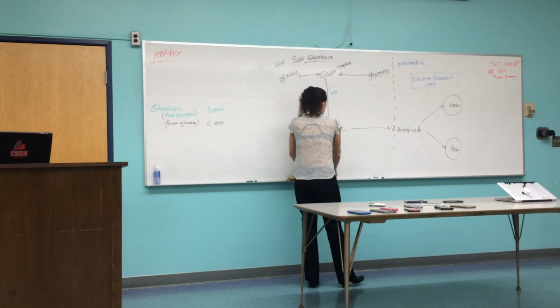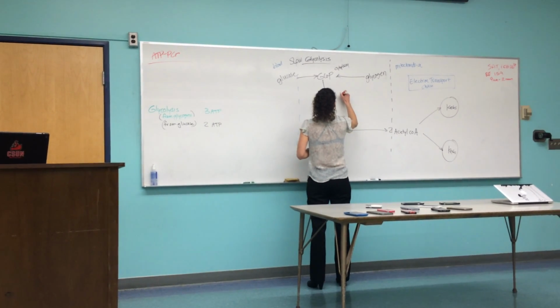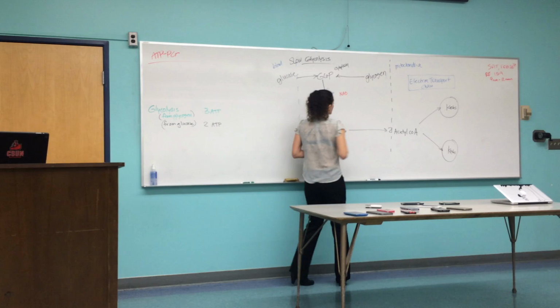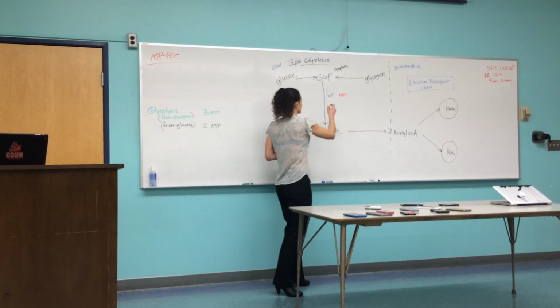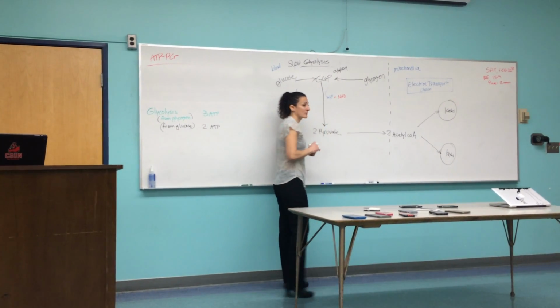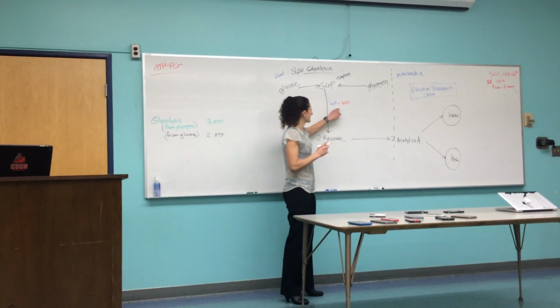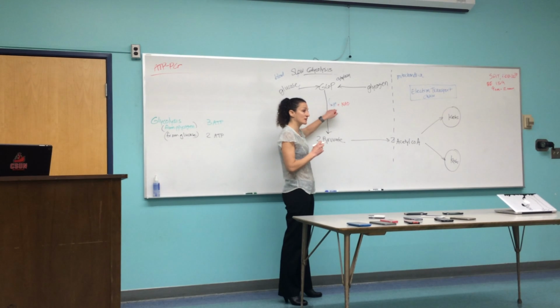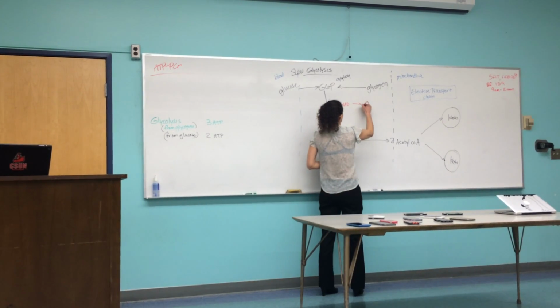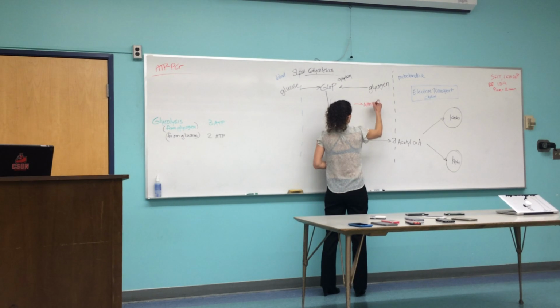Okay? So in this case, my electron carrier is going to be NAD. You don't need to know what NAD stands for. We'll just call it NAD. That NAD is going to pick up the hydrogen with its electron. It's going to become NADH.